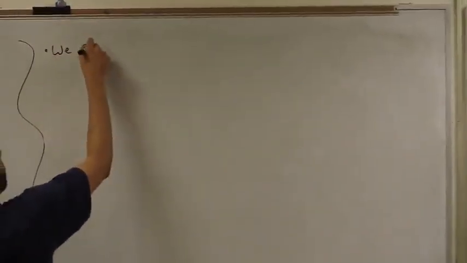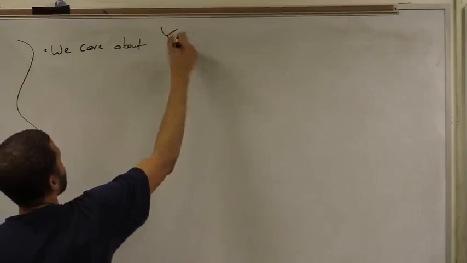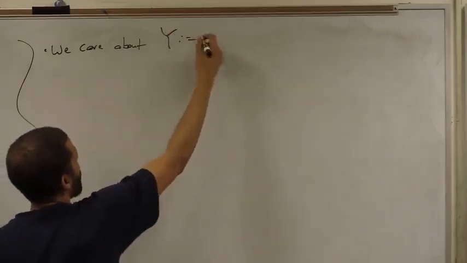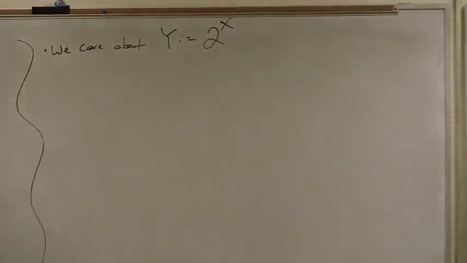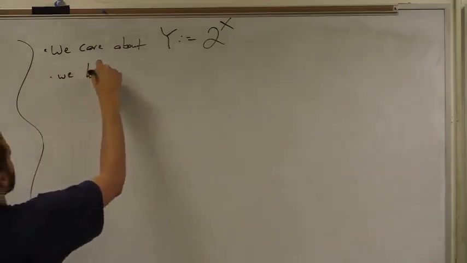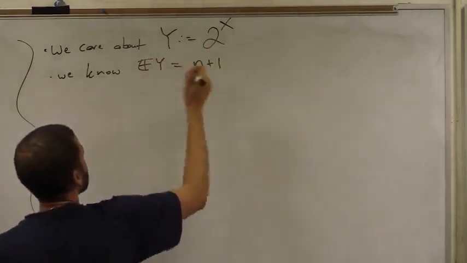Okay, so we care about y, which is our estimator. We care about y actually being 2 to the x, because that's what we're basing our answer on. We know that the expectation of y is n plus 1.